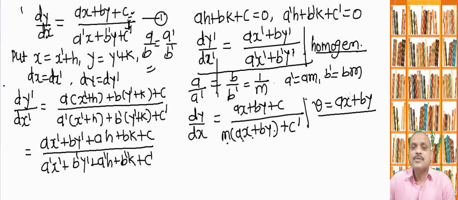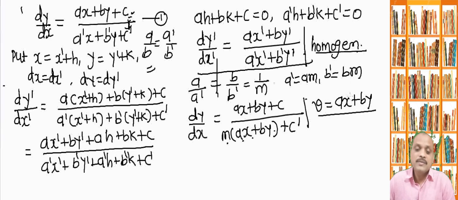First you have to put x equal to x dash plus h, y equal to y dash plus k, and to find the constants h and k we have to solve these two equations, ah plus bk plus c equal to 0 and a dash h plus b dash k plus c dash equal to 0. Whenever we solve these equations we easily get the values of h and k.